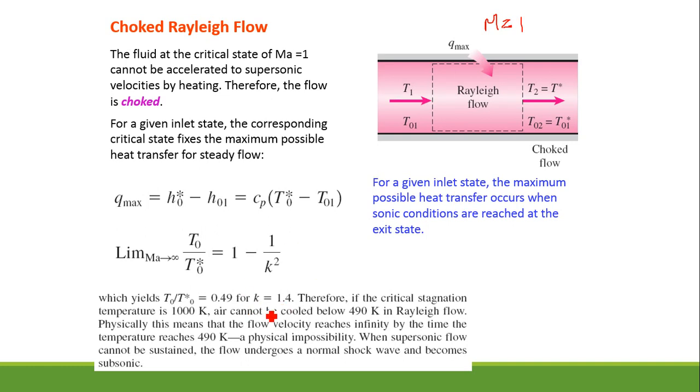So for gamma equal to 1, the value of T naught by T naught star equal to 0.49. Therefore if the stagnation temperature at the critical state is 1000 Kelvin, the air cannot be cooled below 490 Kelvin in Rayleigh flow.